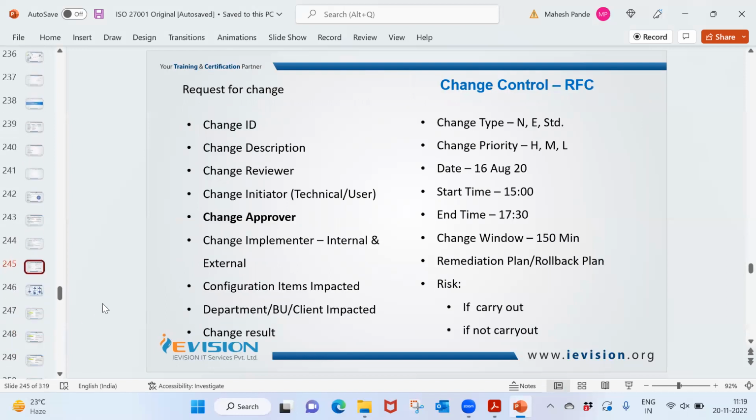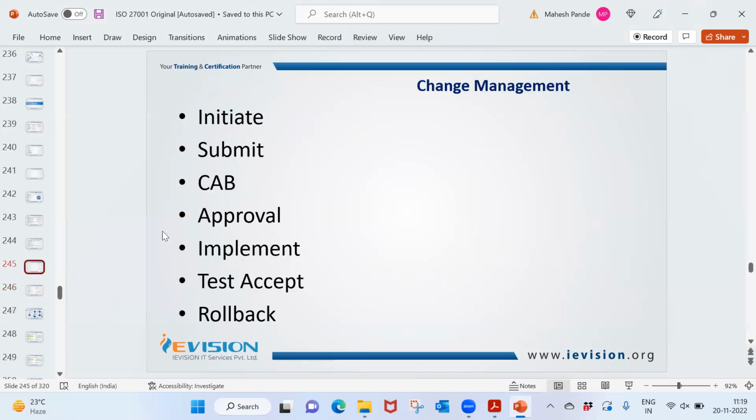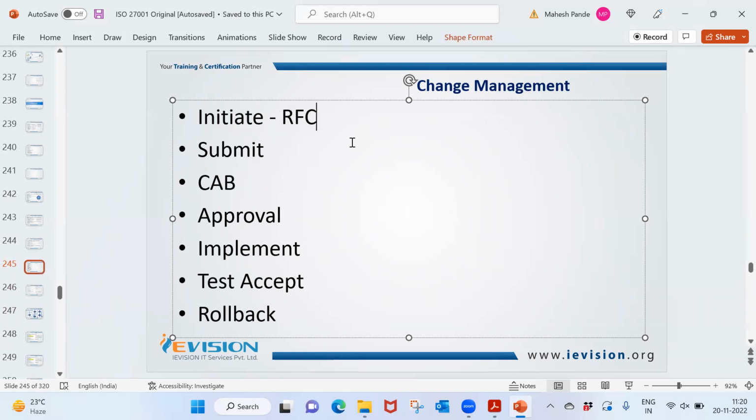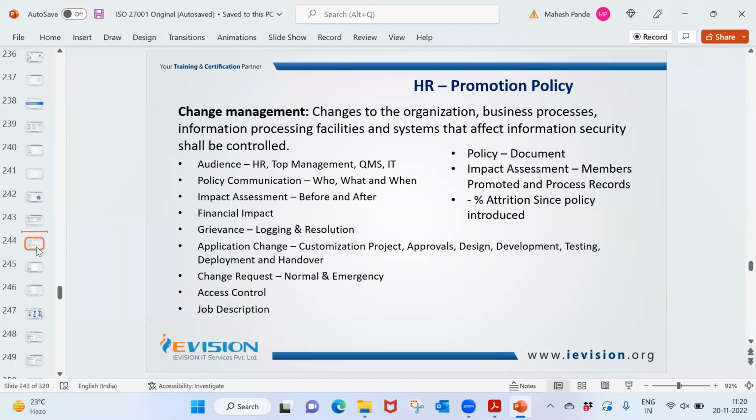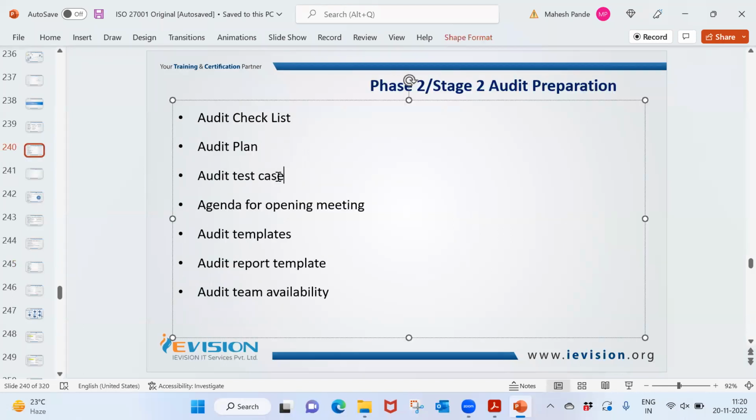Now, as you said, we are going to initiate with the RFC, right? The request for change. Other members who are not aware of it, I hope Rohit, you are active, as well as Akshita and Sneh. So we initiate with the RFC, request for change. Now the question comes up, where did this topic come from? It came from the fact that we are discussing audit test case preparation.